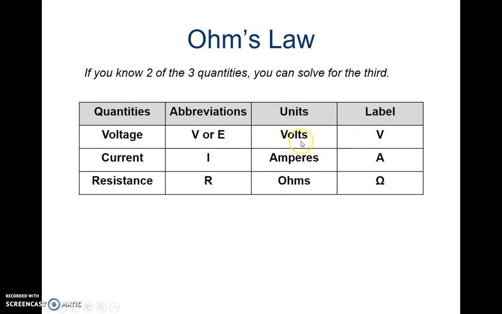And the label for each one of those is V, A for amps or amperes, and the omega sign for ohms. I need you to write down this whole table, so pause it and take this whole thing down into your notes. You can skip the E right here, just write the V. Pause the video now.